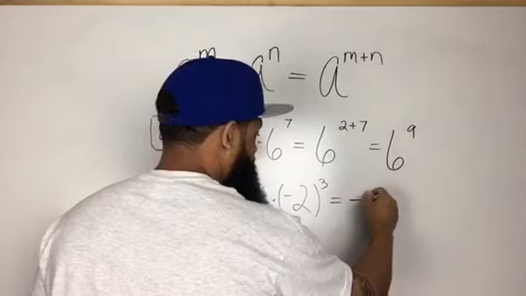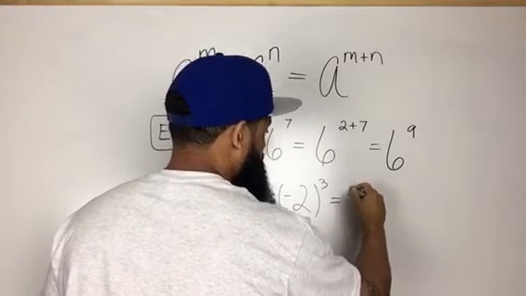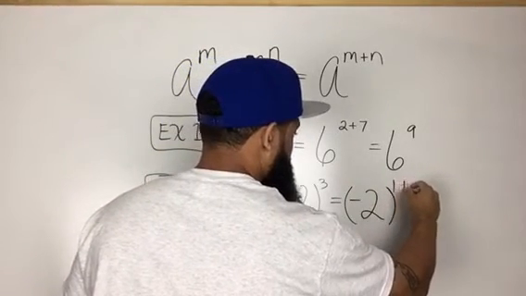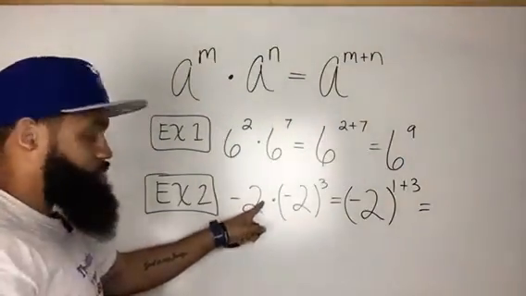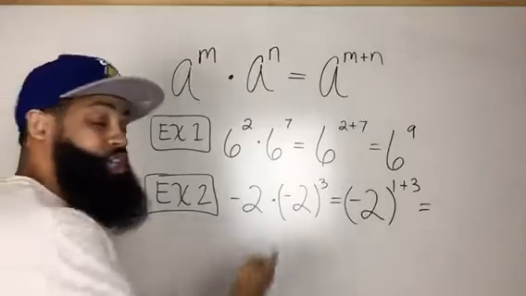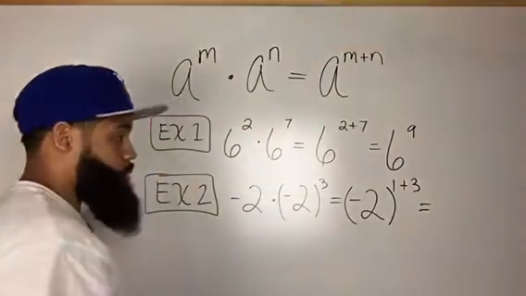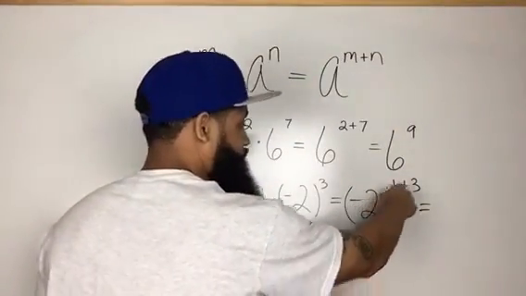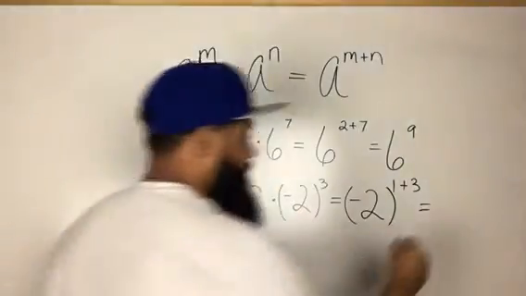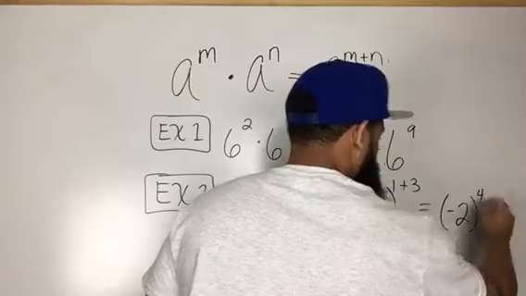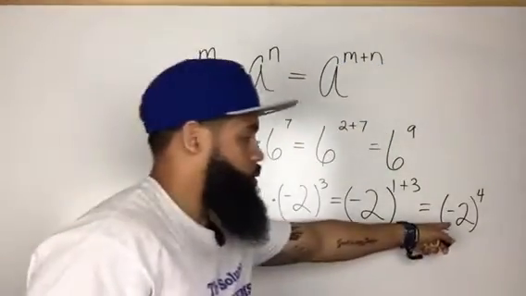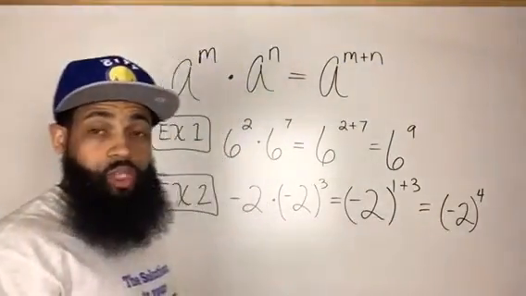So this is -2 to the 1 plus 3 power. Remember, even though this 2 doesn't have an exponent on it, it's understood to be to the 1 power. So if I have -2 to the 1 plus 3 power, I still keep the same base, -2, and then 1 plus 3 is 4. So here we end up with -2 to the 4th power.